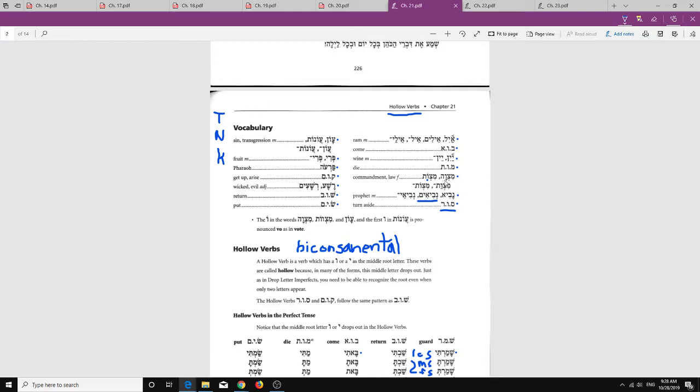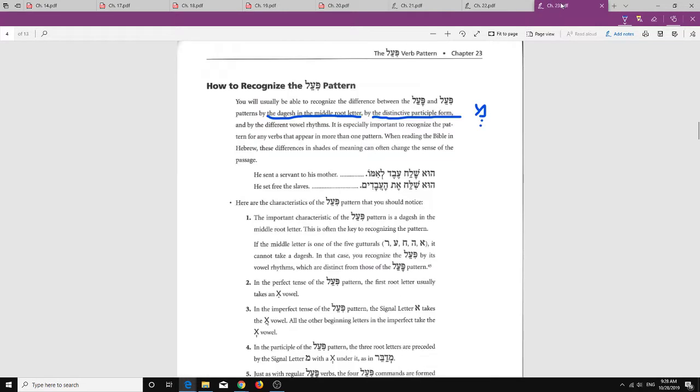Look at mitzvah. The vowels are a little different, but you can see that this comes from our participle form. So the verb has become a noun through being a participle. Now the vowels have changed just a little bit. So the distinct participle form should be easy, and then there are the vowel rhythms.